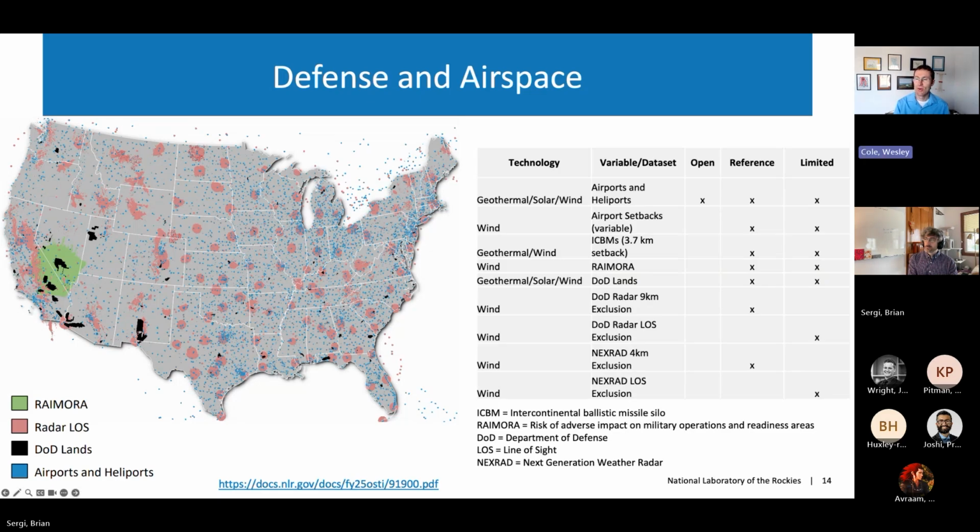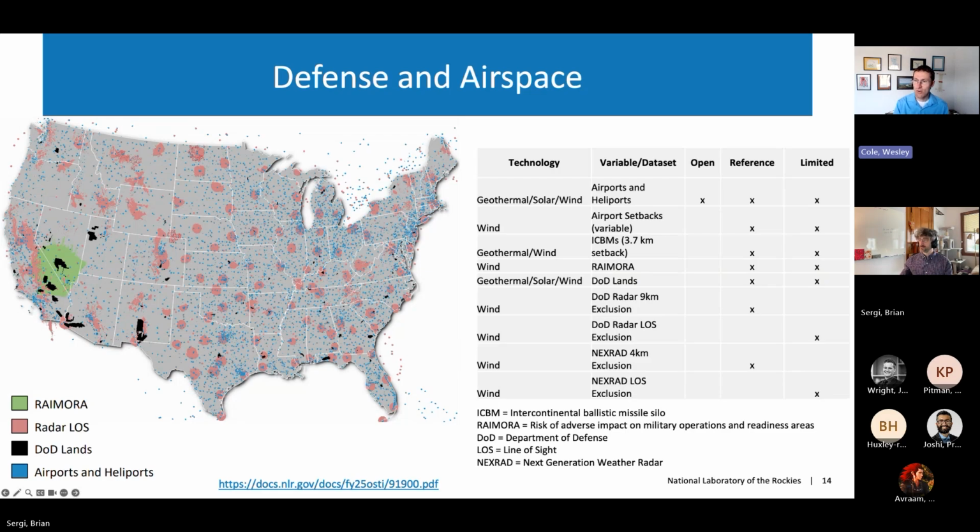And then for wind, so second row, there is an additional airport setback. It's not applied in the open siting regime because there's not an absolute restriction. You can't do this, and there's going to be some height limits. But developers aren't doing that. It's kind of a best practice just to not build wind turbines right by an airport. So that one's excluded in the reference and limited siting regimes.